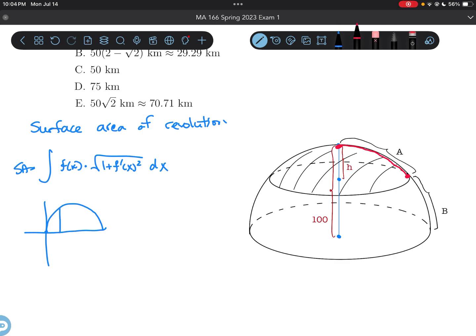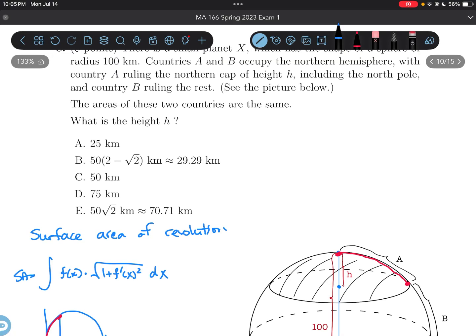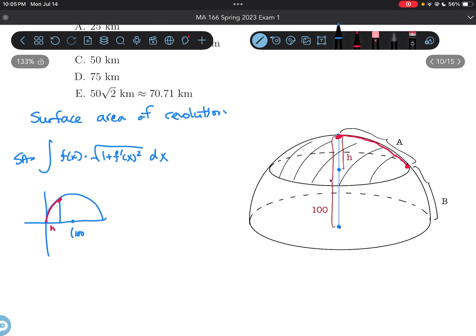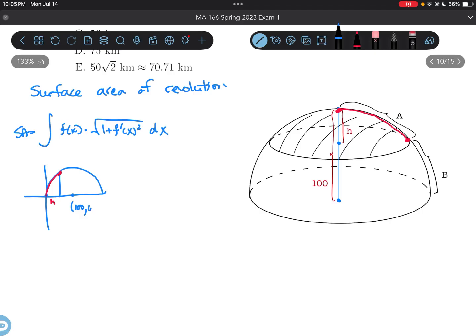And this part over here is a sphere cap, which has a height of h. Since the sphere has a radius of 100 kilometers, the center of this circle is going to be (100, 0). So now we need to find the equation for this semicircle.